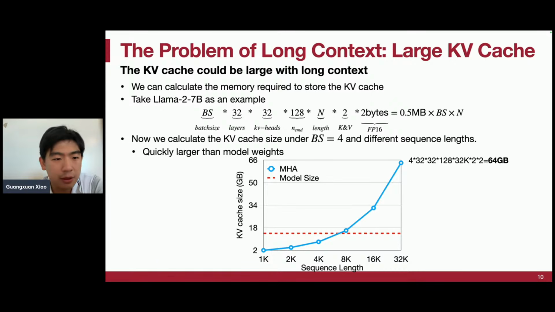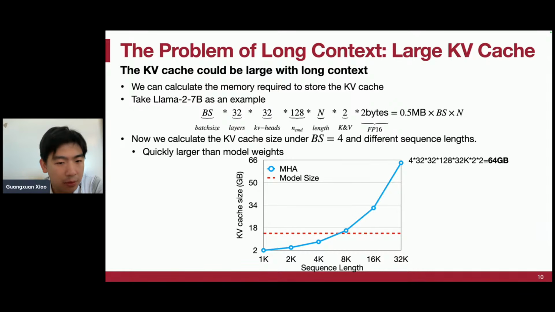But here is a problem. When we are deploying a language model on long contexts, the KV cache can be very large. It can even exceed the model size itself. Let's still use the Llama 2 model as an example. We can exactly calculate how much memory is required to store the KV cache.